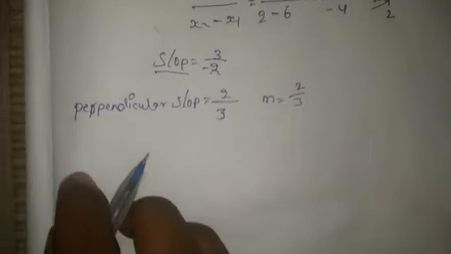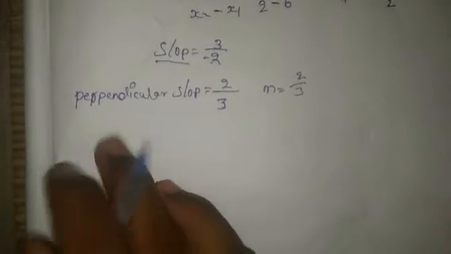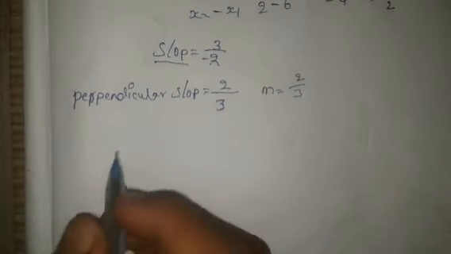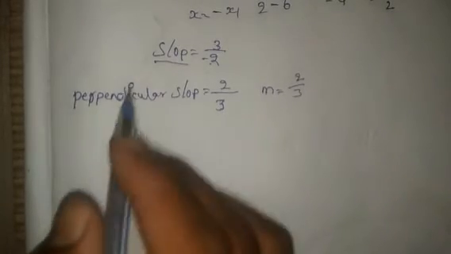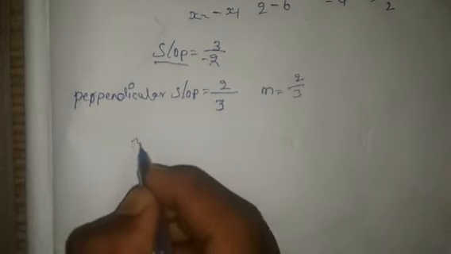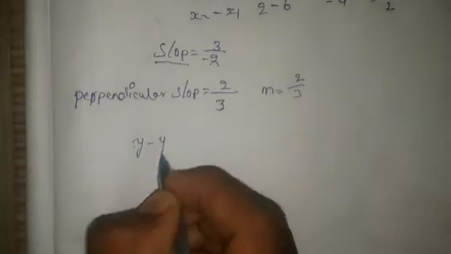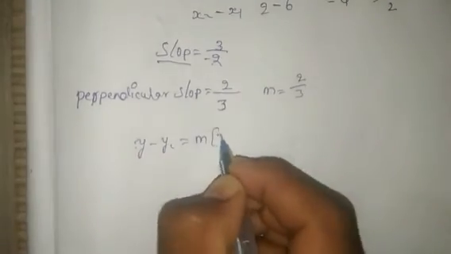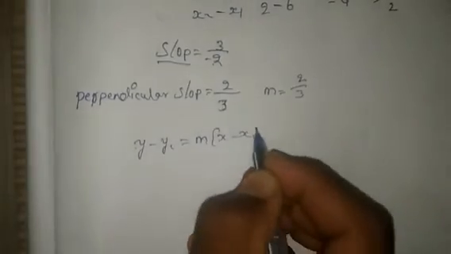So now we need one point and one slope. The formula, which is also used for the orthocenter, is y minus y1 is equal to m into x minus x1.